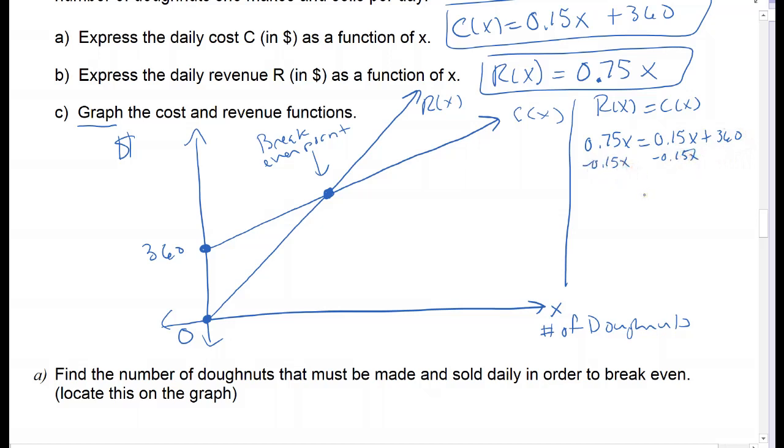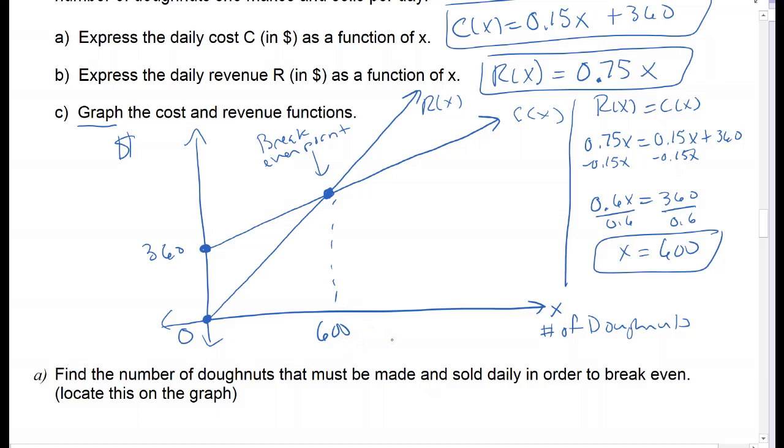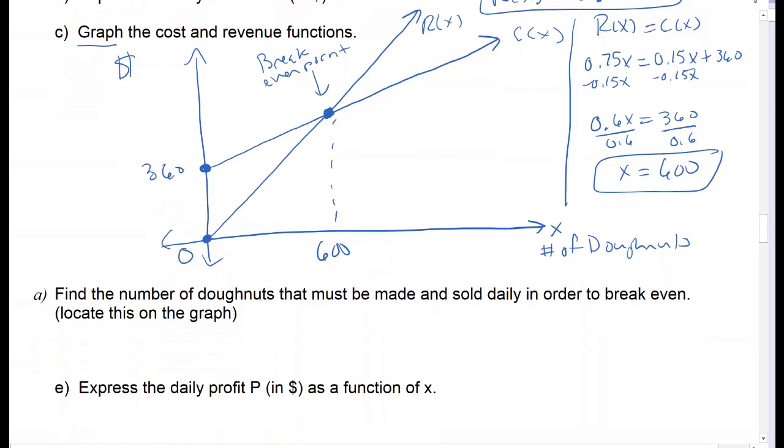Alright, so 75 cents minus 15 cents comes out to 0.6. So 0.6x equals 360, divided by the 0.6 on both sides, and that comes out to 600. And so she needs to produce 600 donuts to break even. So there's the location on the graph. There's my solve.